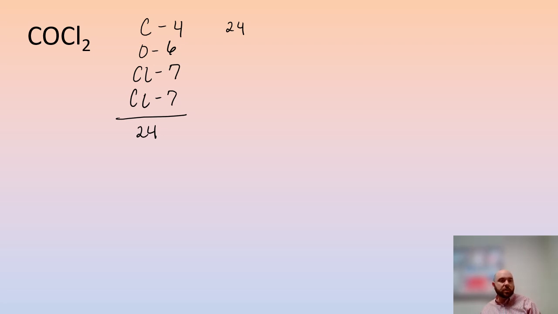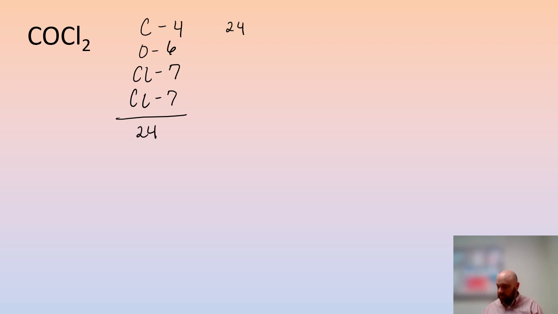In this case, we have carbon, oxygen, and chlorine. And the rule says that the central atom should be the least electronegative element other than hydrogen. Since we don't have to worry about hydrogen here, carbon is our least electronegative element and therefore will be our central atom.